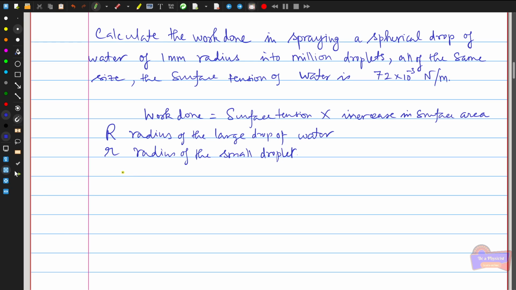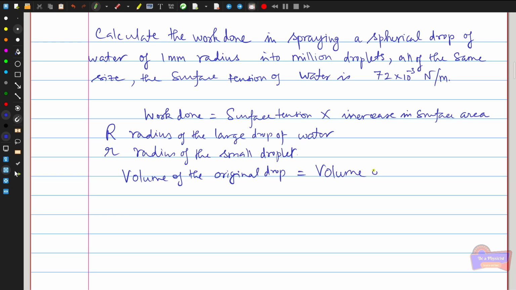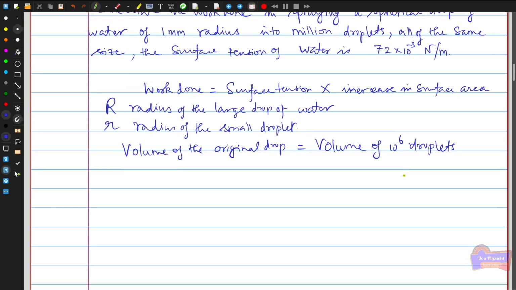Therefore, the total volume of the original drop, which is split into millions of droplets, is equal to the volume of the 10 to the power 6 droplets.